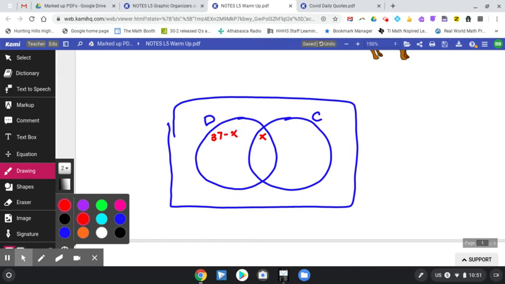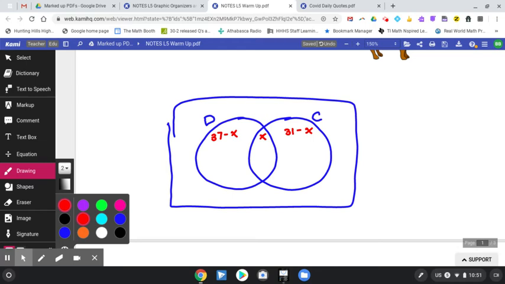And then for the cat circle, it says that 31% of households have one or more cats. So I know the entire cat circle has to add up to 31. So 31 subtract x, because there's already x households in this circle, will be how we calculate the number to finish off the cat circle.